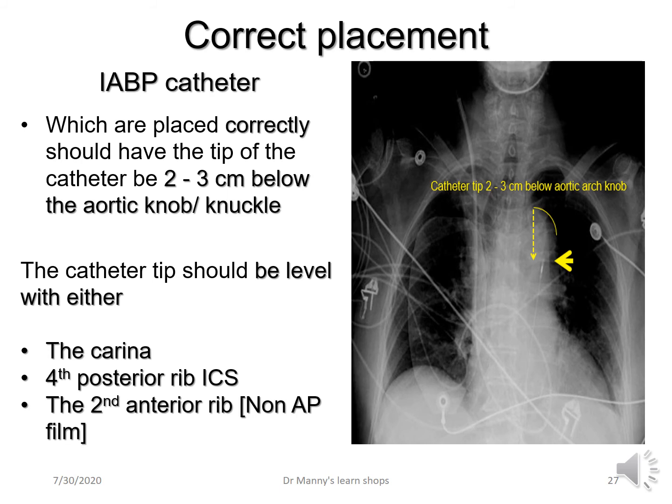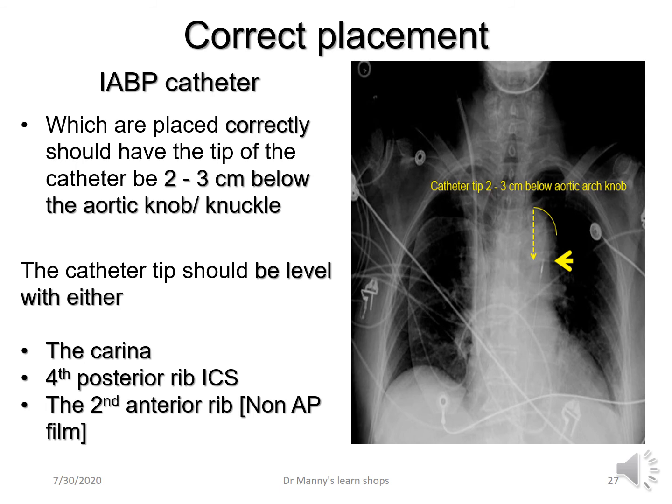If it's a PA film, unlikely, the second anterior rib, but this will typically be a non-AP film. On an AP film, we mentioned in previous Learn shots that it's probably unlikely that we'll see anterior ribs clearly because of the way and closeness of the beam to the person being filmed.